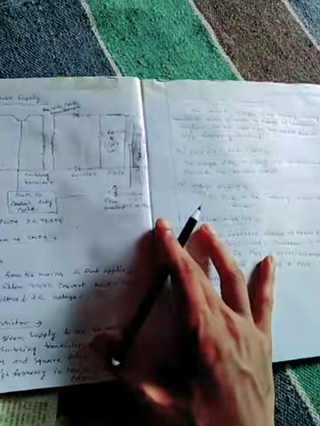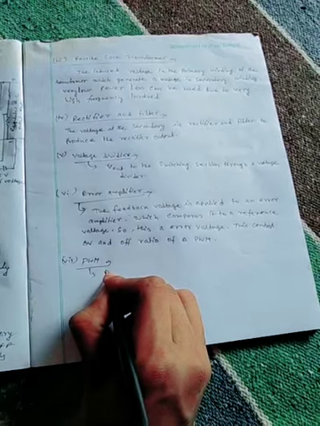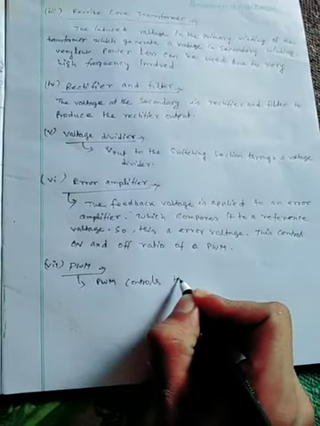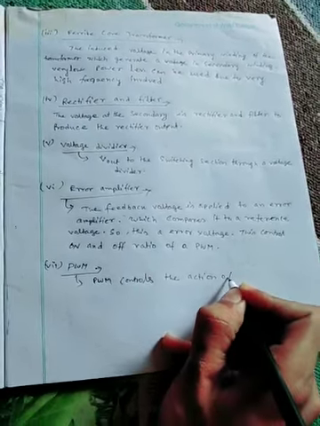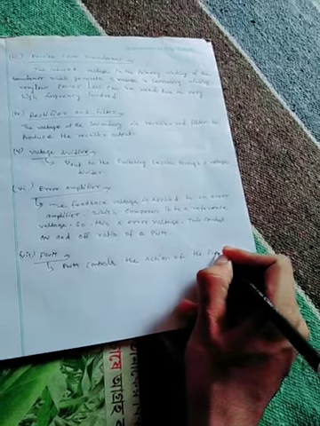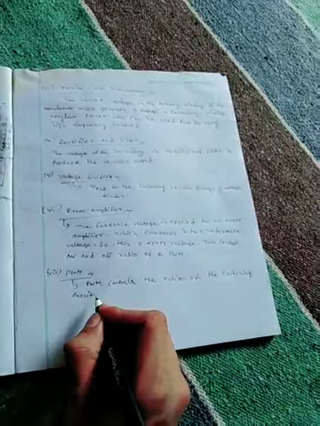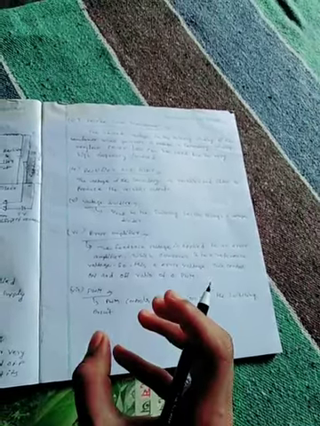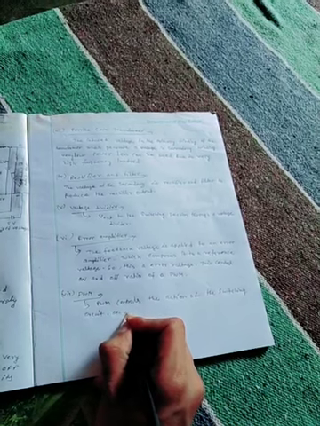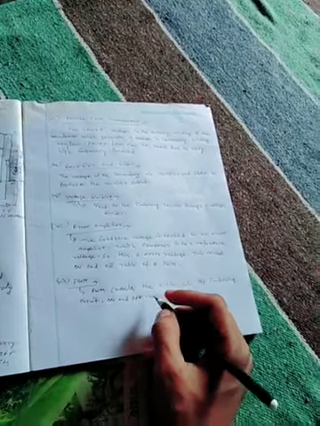So PWM controls the action of the switching circuit. Hence the on to off ratio of the PWM controls the RMS voltage in the primary winding.